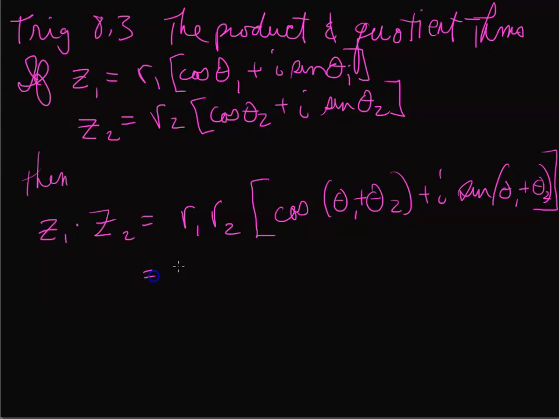If we write this in that shorthand, this is really cis theta sub 1 plus theta sub 2. And that's if you multiply two of them together. So you multiply the distance from the origin for each and add the angles. And then you can find the sine and cosine of those.